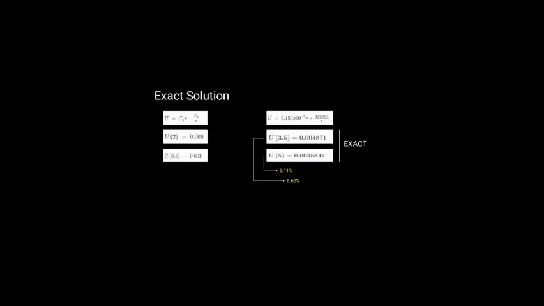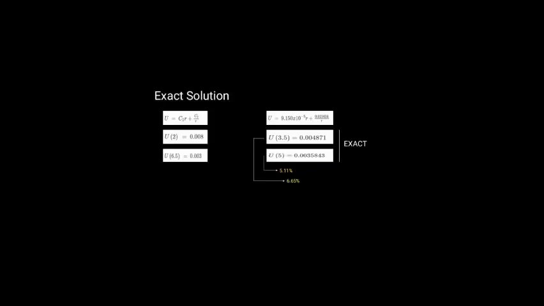The formula we have is u equals c sub 1 r plus c sub 2 over r. We have here u of 2 equals 0.008 and u of 6.5 equals 0.003.